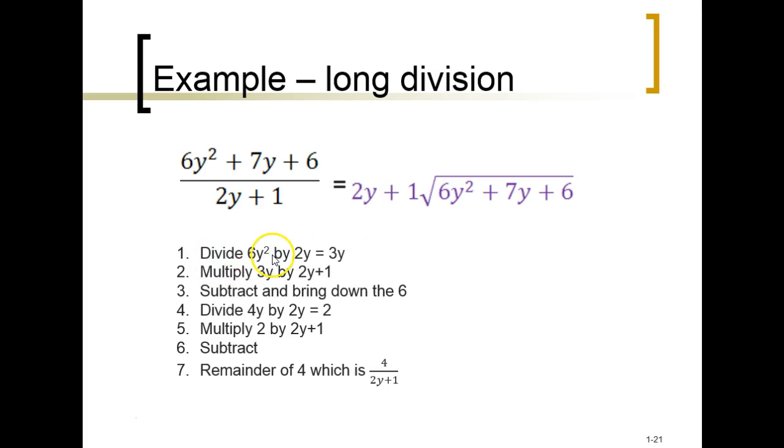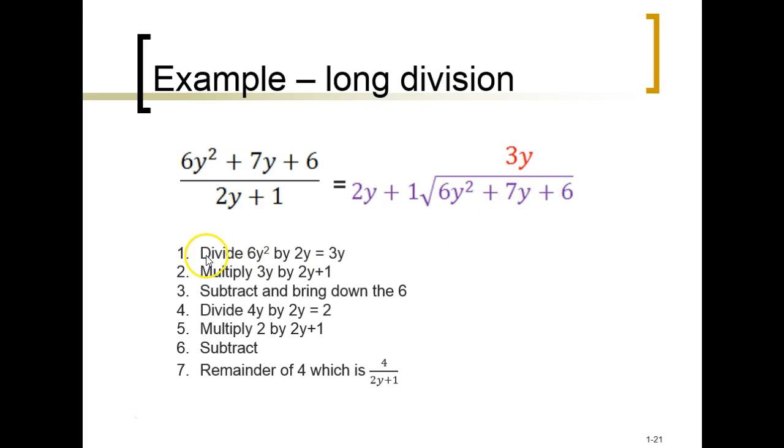Divide 6y squared by 2y. Maybe if you write that off to the side, 6y squared divided by 2y, you'll see where I get 3y. And that answer goes up here over the next term. That's what I mean by placeholders. Line things up like this.